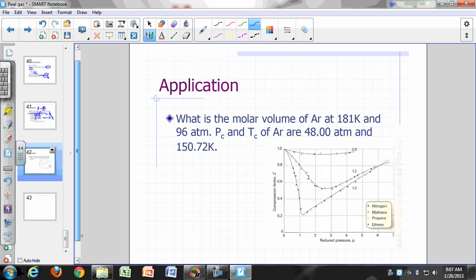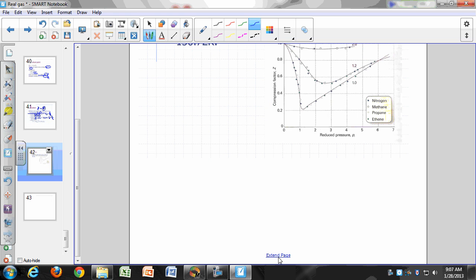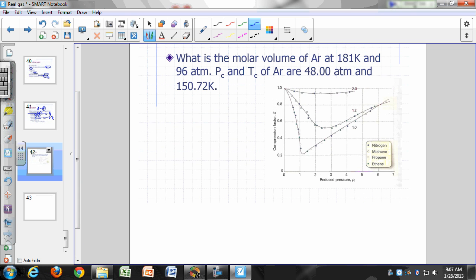So here's an example. What's the molar volume of argon at 181 Kelvin and 96 atmospheres? PC and TC of argon, you can look it up. You'll find the critical pressure is 48 atmospheres and the critical temperature is 150.72 Kelvin. All right, first of all, that's the ideal volume.